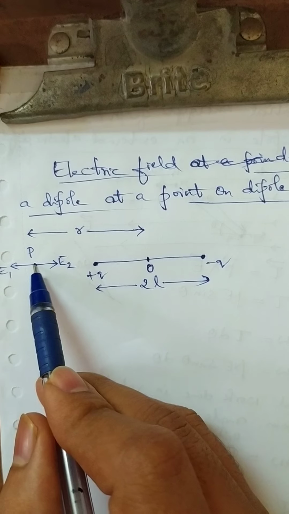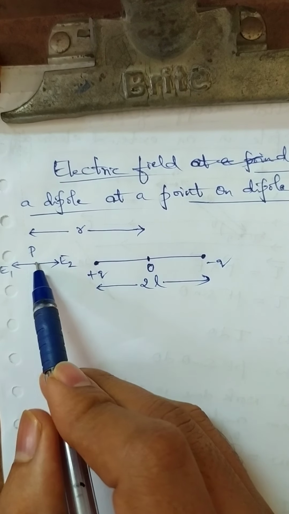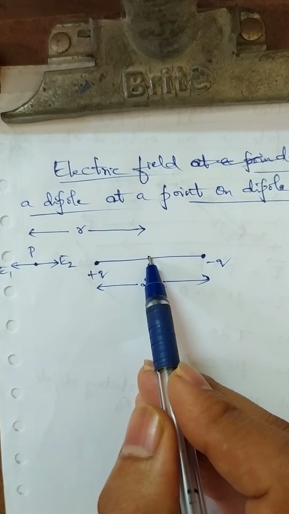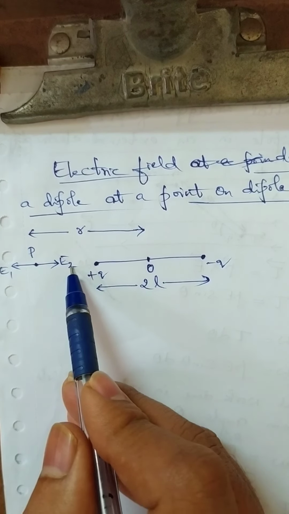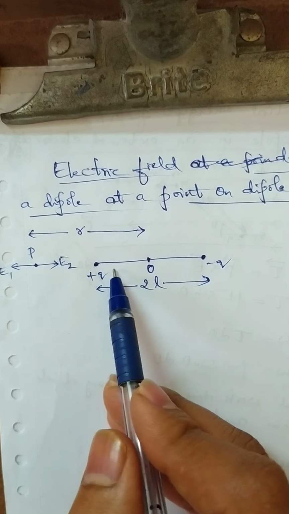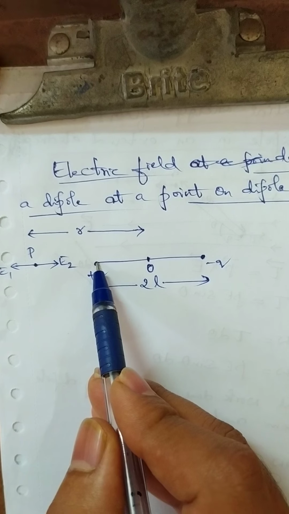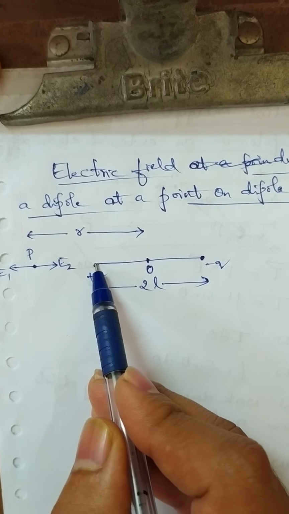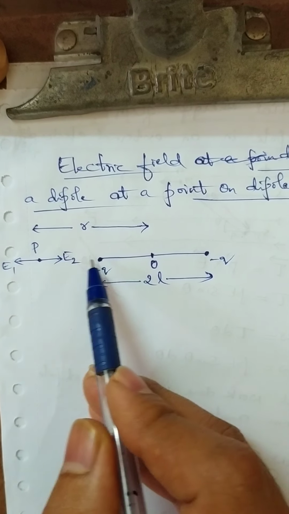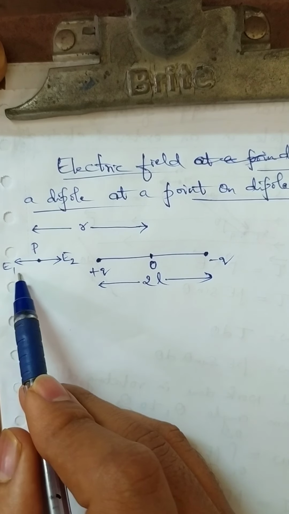Let us say that this point P is situated at a distance r from the center of the dipole. E1 and E2 represent the electric fields due to the positive charge and the negative charge. Due to the positive charge, the electric field is always directed outward, away from the charge, and that is E1.